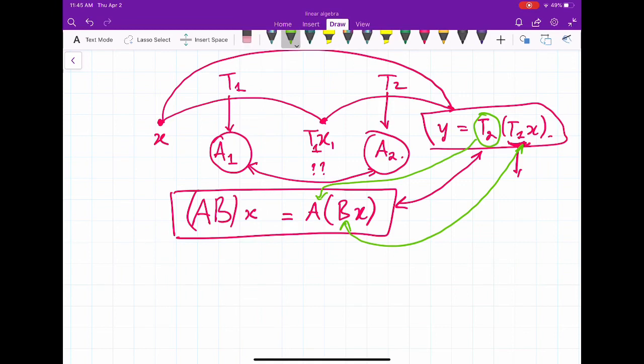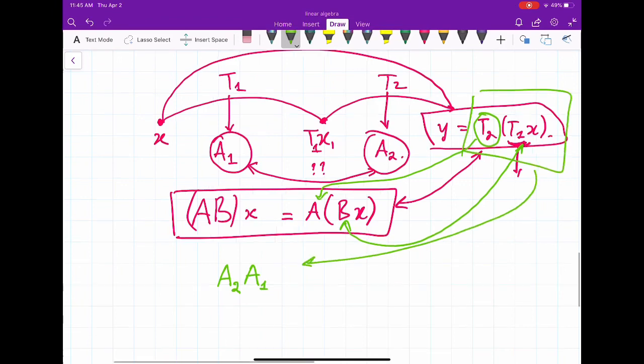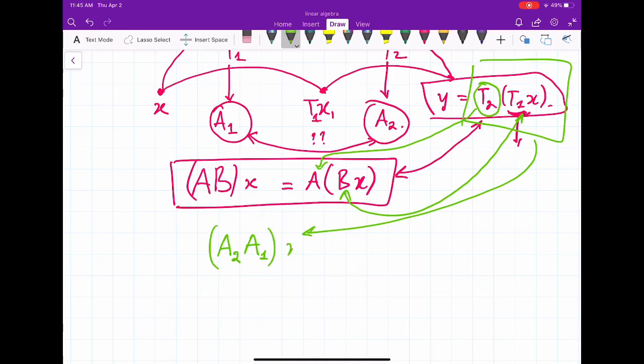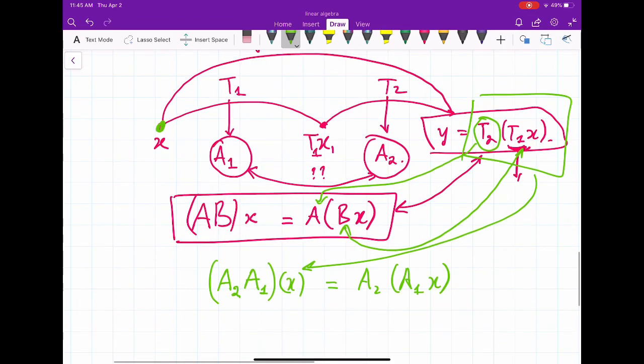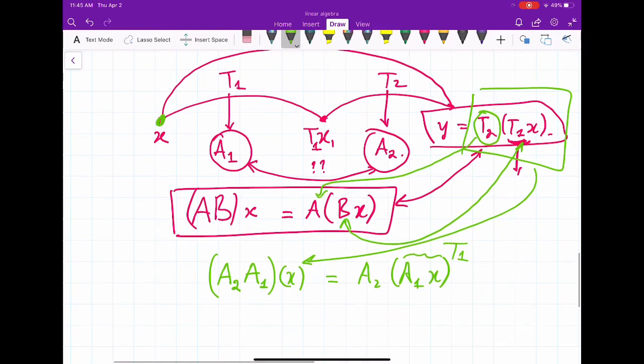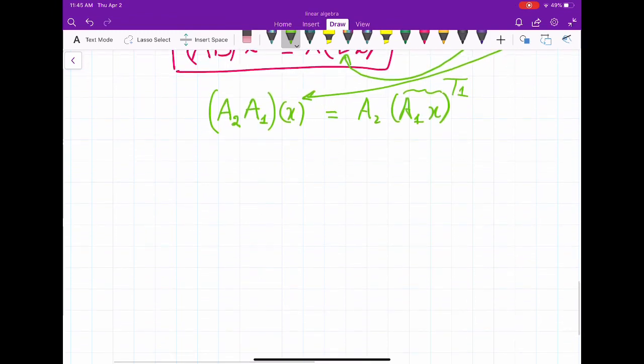We write the product, but which one is first? You would have T1 in here, so that is A1, and you have A2 right here. Make sense? So that is associated to this formula. When you have an x, you will apply A2 to A1x. That is T1.